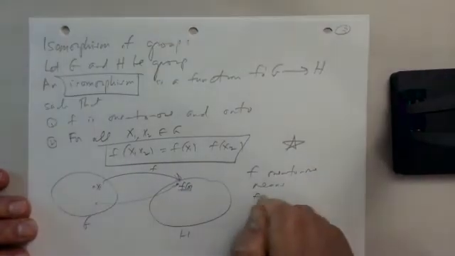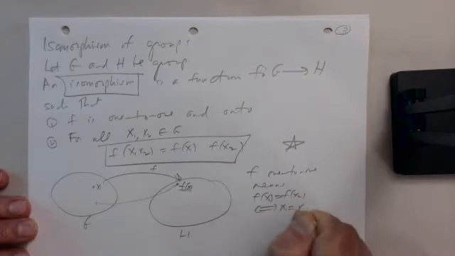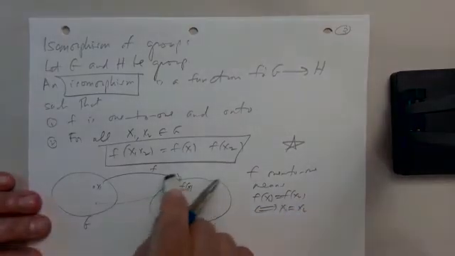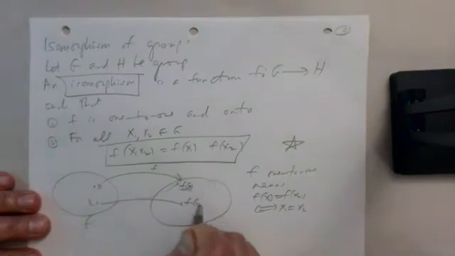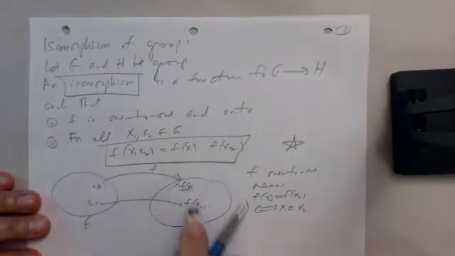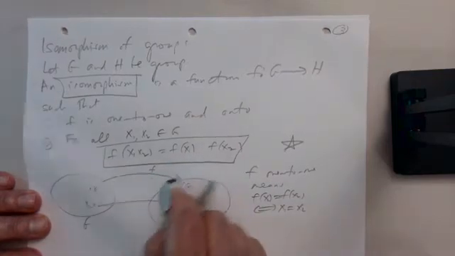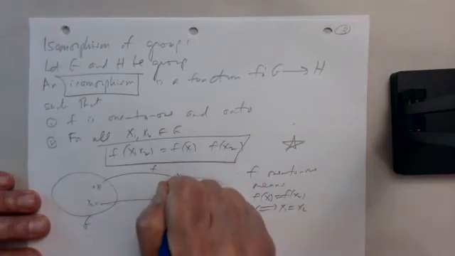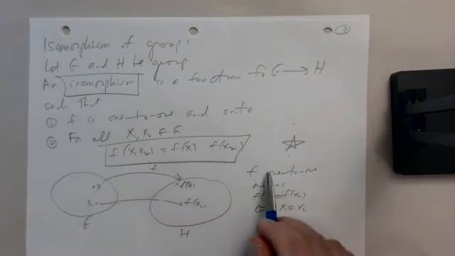So it means that if you have f of x1 equal to f of x2, that can only happen if x1 equals x2. So if you take two different elements, x1 and x2 in G, they have to be mapped to different elements over in H. And so that's what one-to-one means.